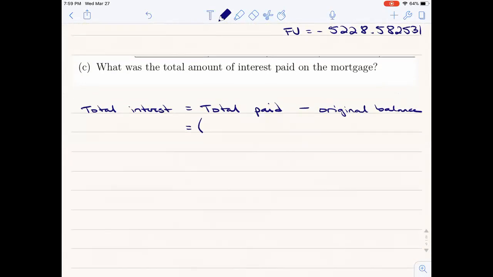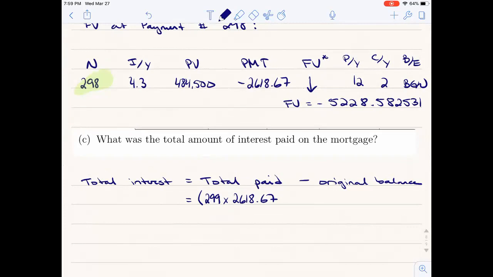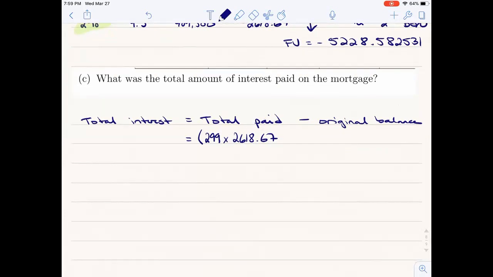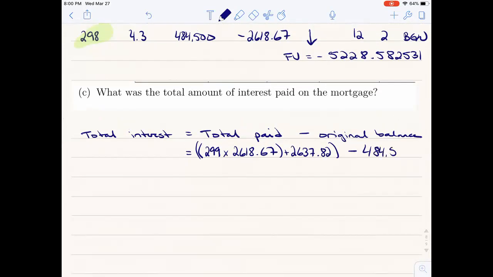So the total paid is 299 times 2,618.67 plus 2,637.82, minus 484,500. 299 times 2618.67 plus that single last payment, 2637.82.